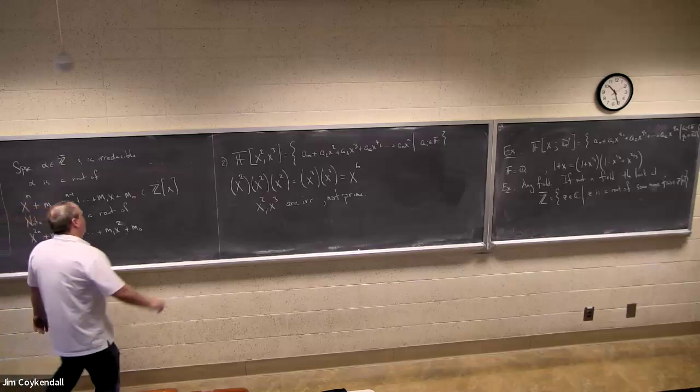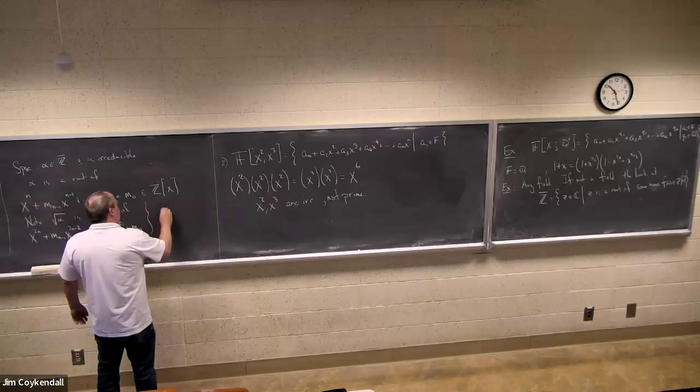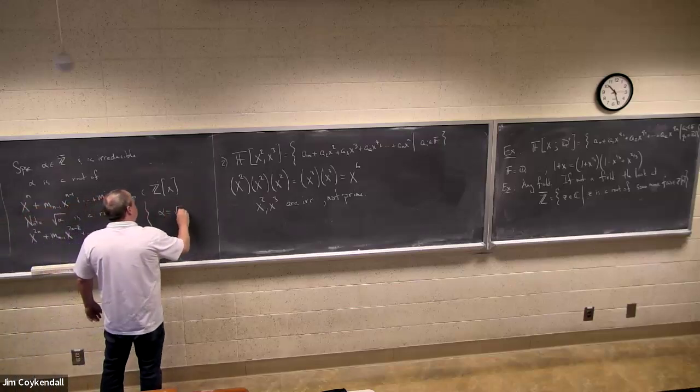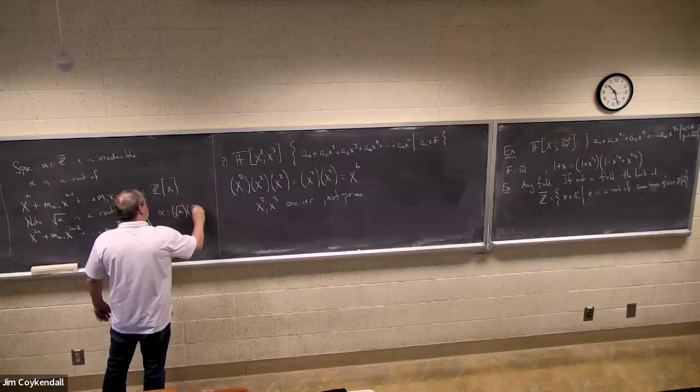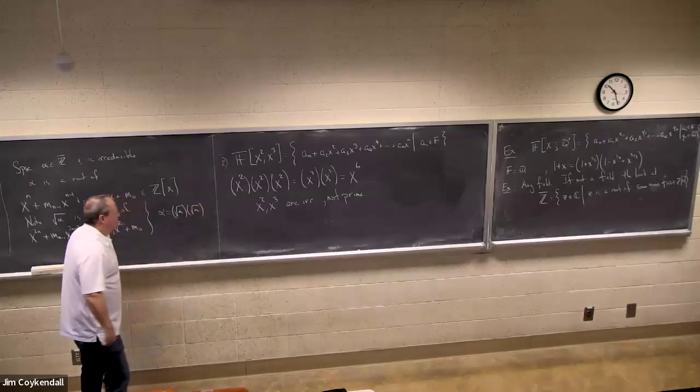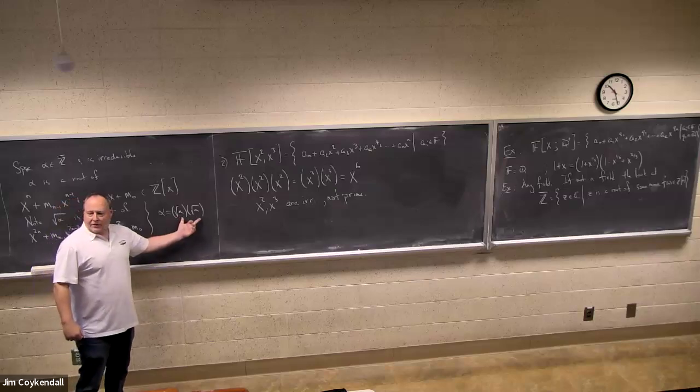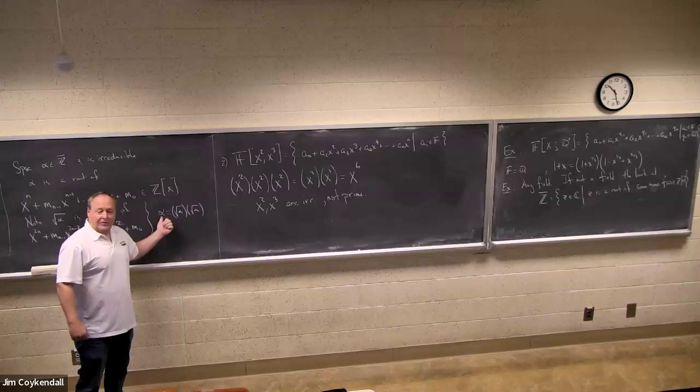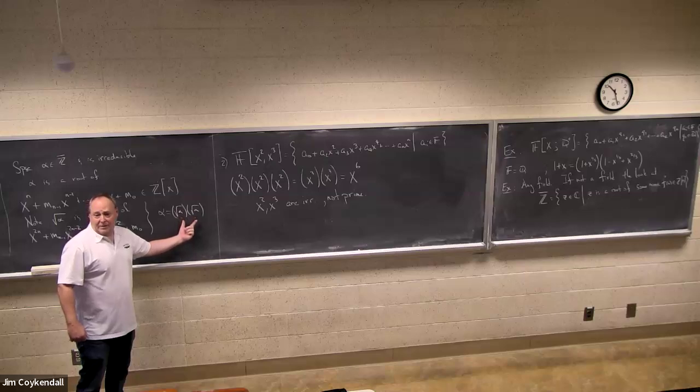And so notice that in this ring, it's easy to show that the square root of alpha is a unit if and only if alpha is a unit, right? And so if we assume alpha is an irreducible, then we've got a non-trivial factorization, and so it can't be irreducible.